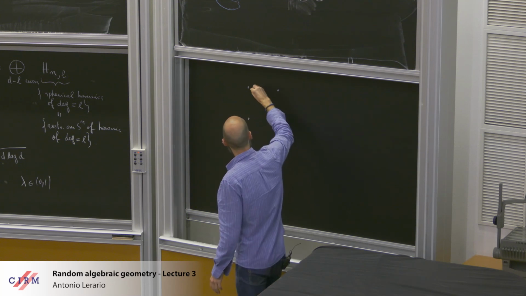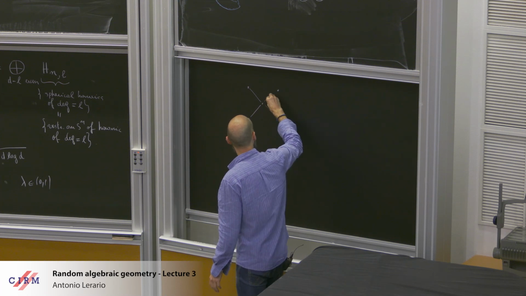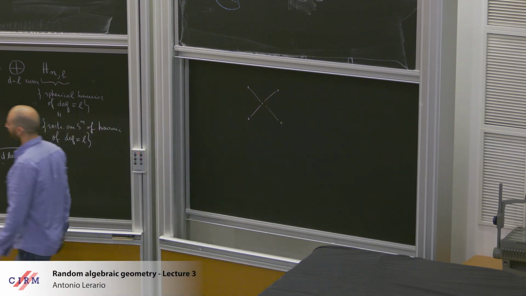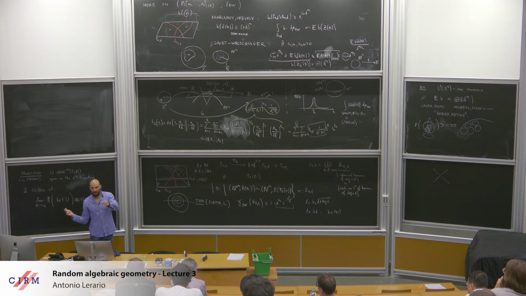And then I put an edge whenever two chambers share a common top-dimensional stratum of the discriminant. Meaning if there is a generic Morse deformation in the space of polynomials from one to the other, or if there is a curve from one to the other that cuts the discriminant in a transversal way.